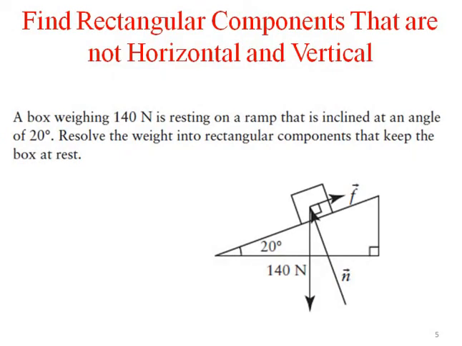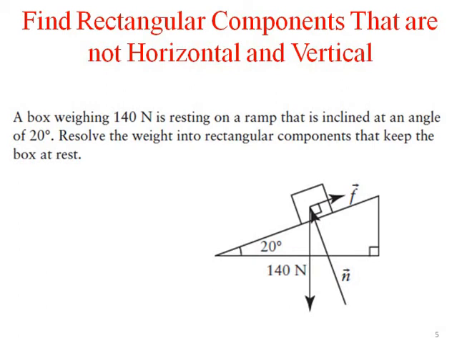So when we have it like that, we're going to say 140 times cosine 20 is going to be the normal, because n is going to be adjacent to 140. So 140 times cosine 20, this angle is going to be 20. And on the other hand, this force is going to be the vector like that. That's going to be 140 times sine 20.